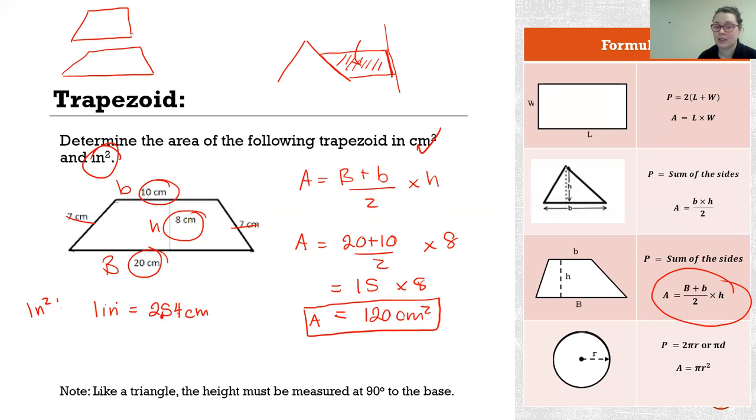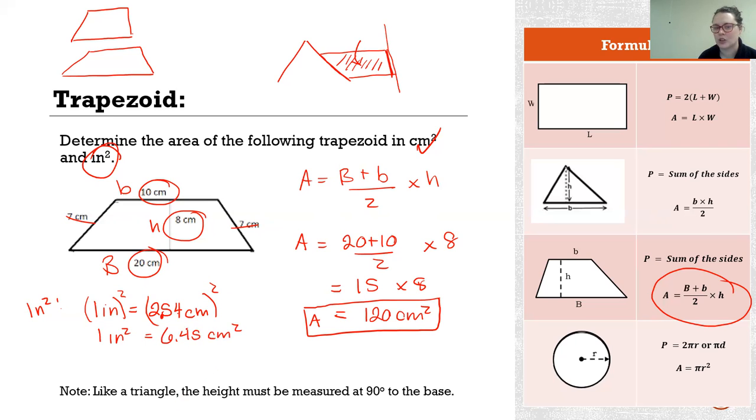If I want to know area, I need to take the whole thing and square them. Thinking about that square that we drew. So we get 1 inch squared is equal to, we take our 2.54 times 2.54, which gives us, I didn't write down the middle number, 6.45.